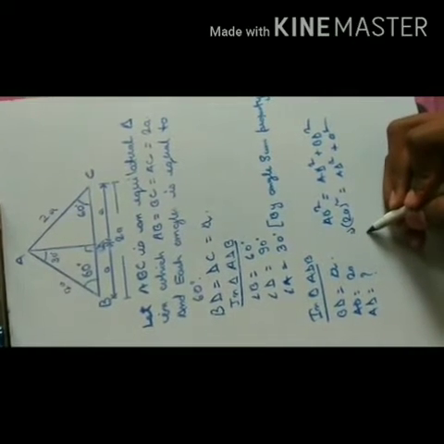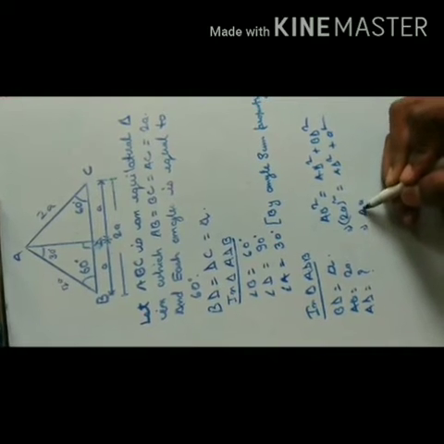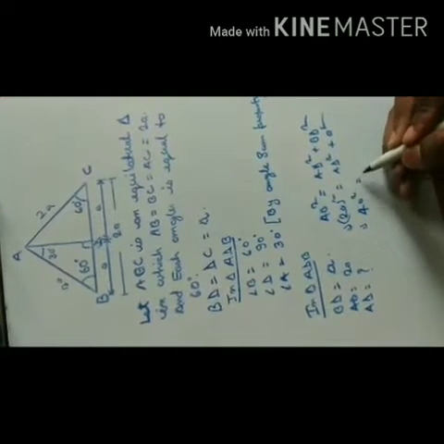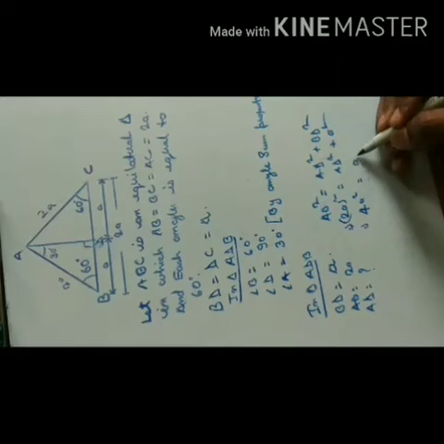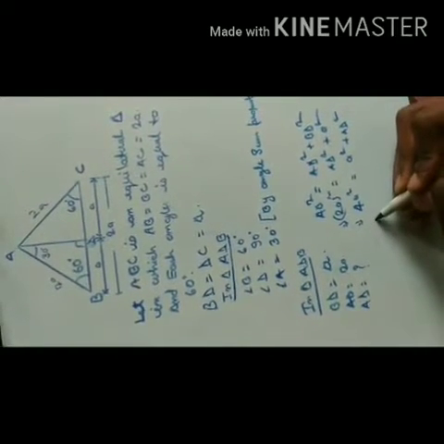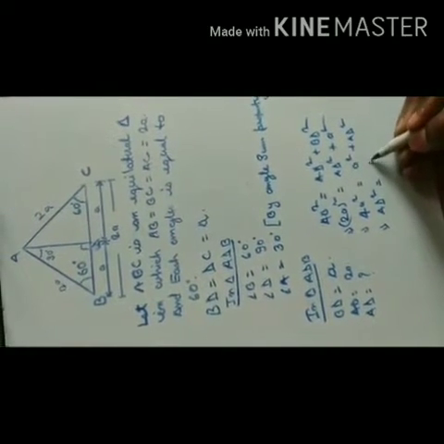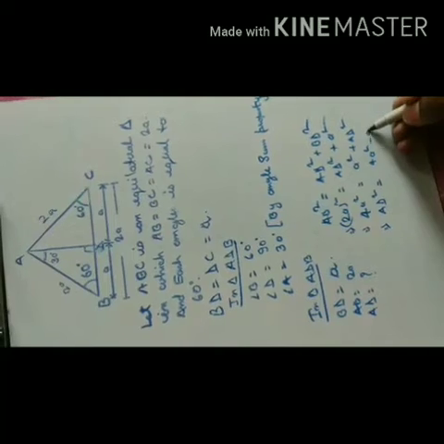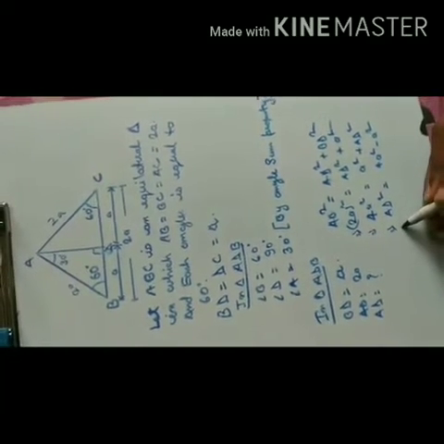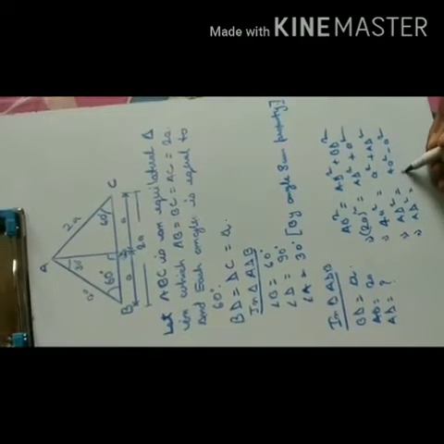Now find the value of AD square. 4A square equal to A square plus AD square. Hence AD square will be equal to 4A square minus A square. AD square equal to 3A square.